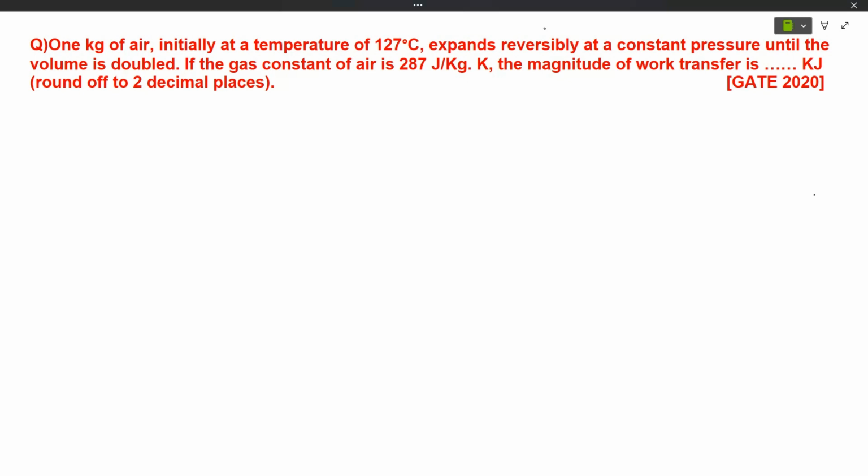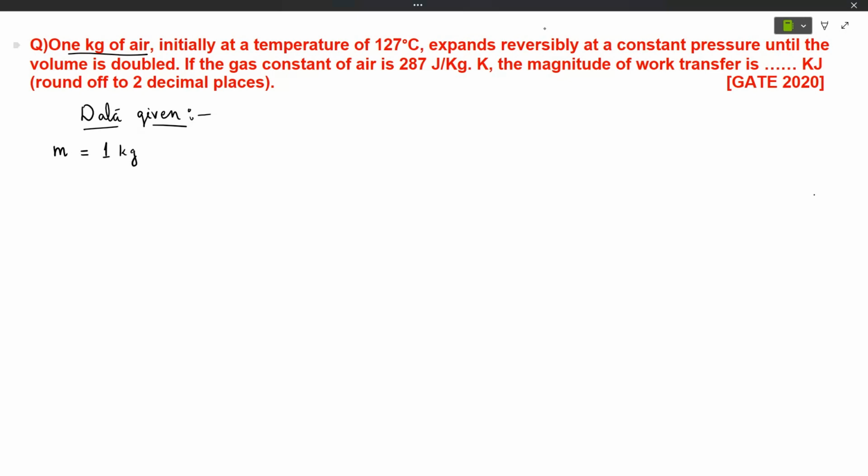So before we solve the given numerical, let's understand the question according to the given data. So let's write down the data given in the question. The first data, it is mentioned that 1 kg of air. So here we consider mass m is equal to 1 kg.